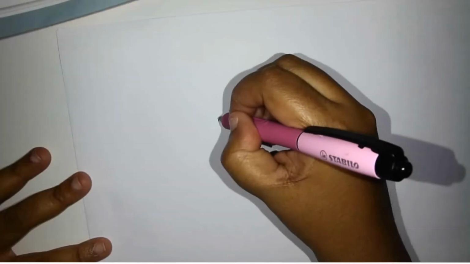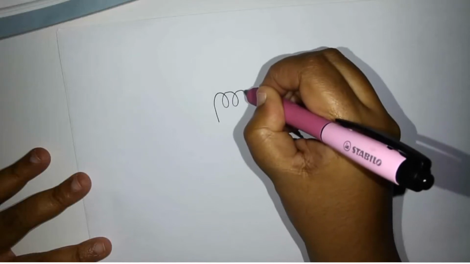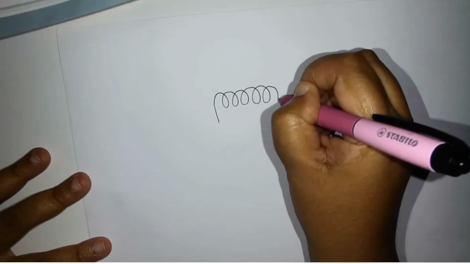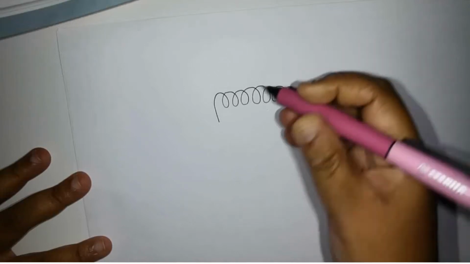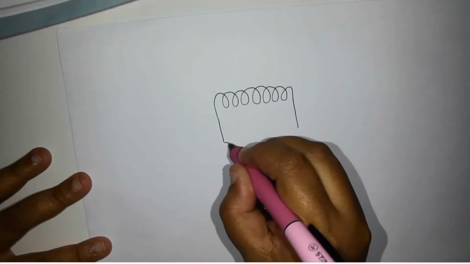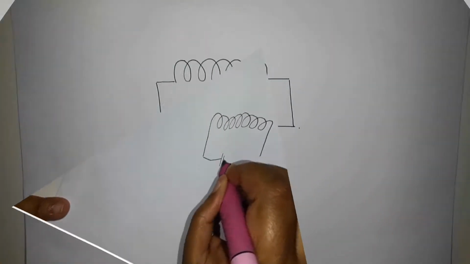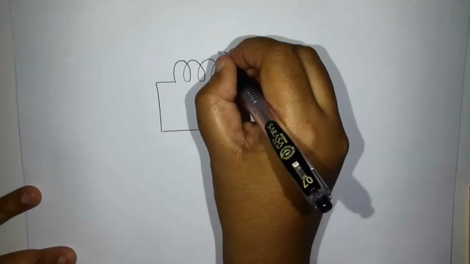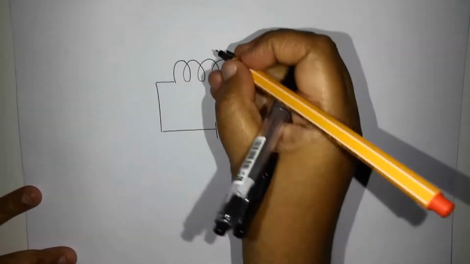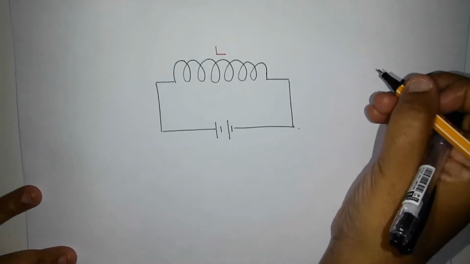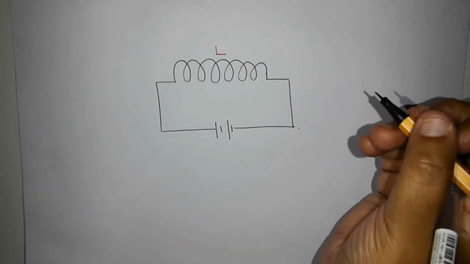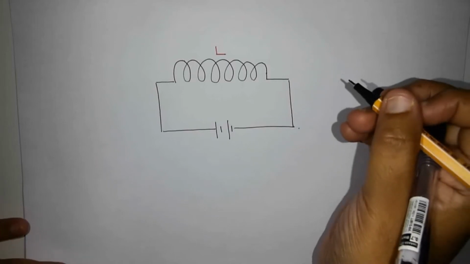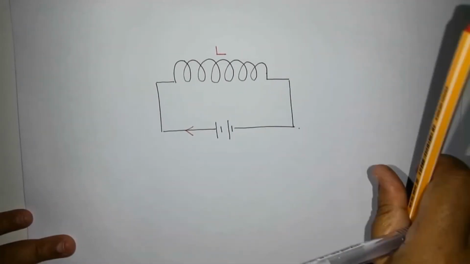Now I have a diagram here which I'm going to draw. This is a coil, which is connected to a power supply. In this figure we have a solenoid with inductance L, and then we have current that flows from this applied voltage.